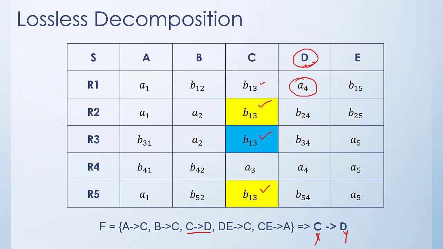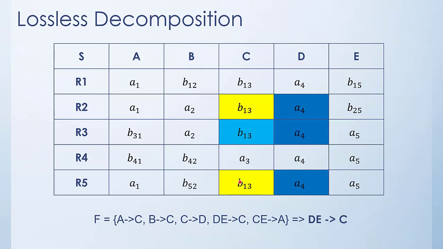So we are going to replace all the D attributes by the symbol A4 where the symbol for the C attribute is the same. So we are going to change here, here and here. After the change, my S matrix will look like this, with all the D now having the A4 value. The changes are highlighted in dark blue.